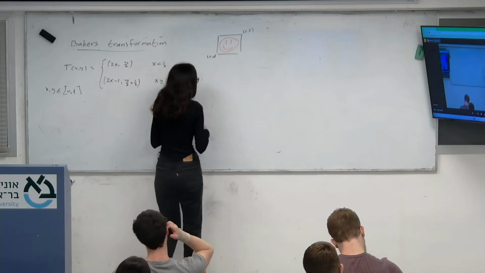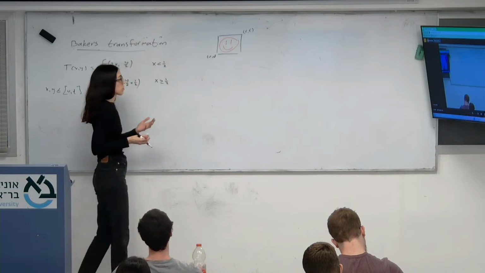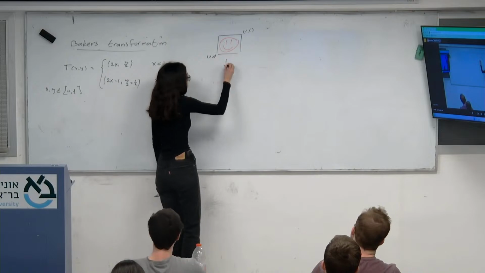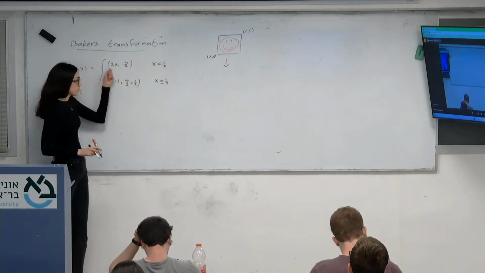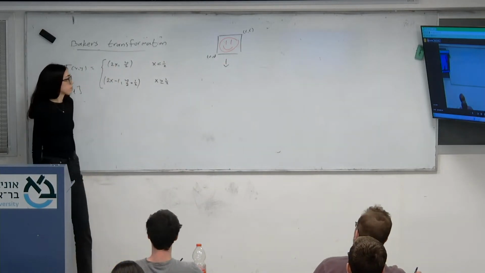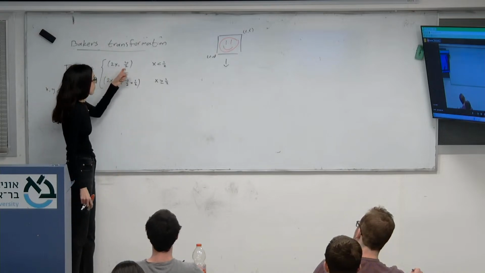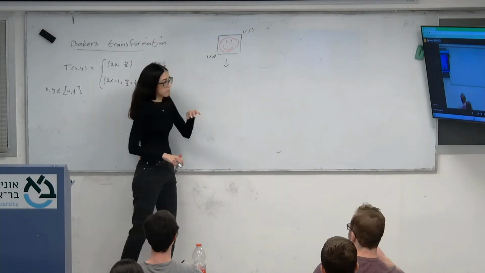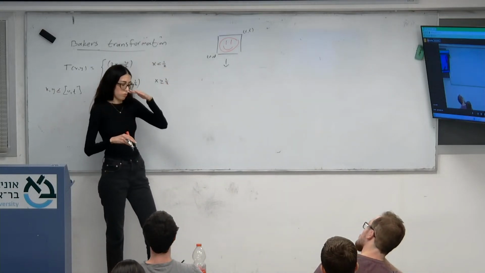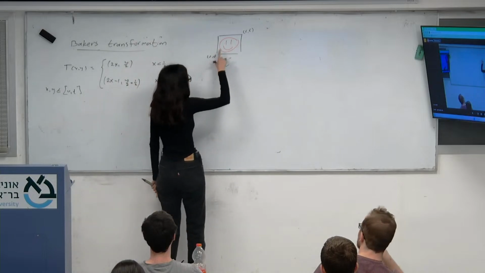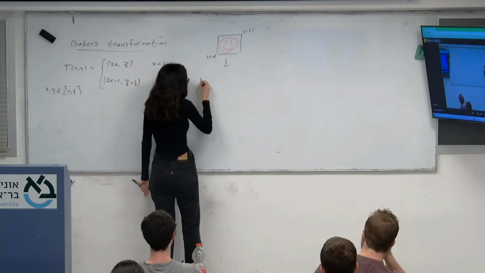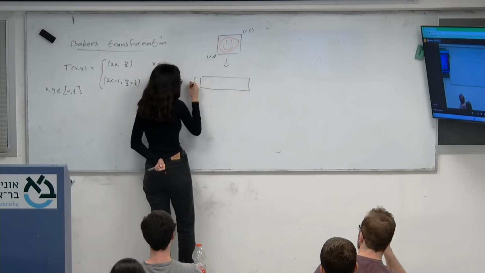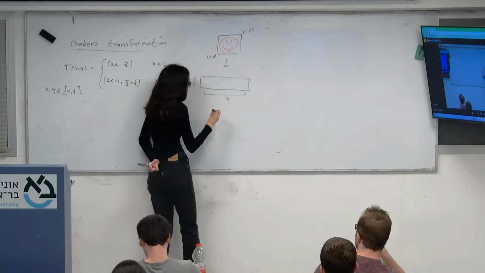So we can do this transformation by following two steps. In the first one, we do the 2x part. We take the square and we just press it, so instead of 1 by 1, we have 2 by a half.